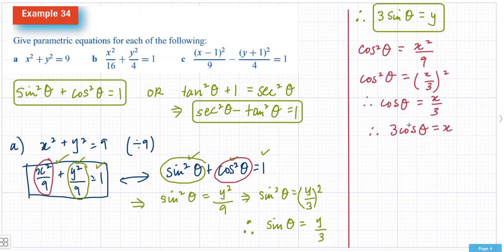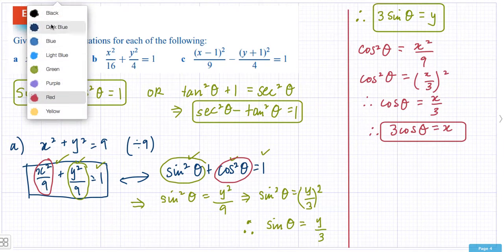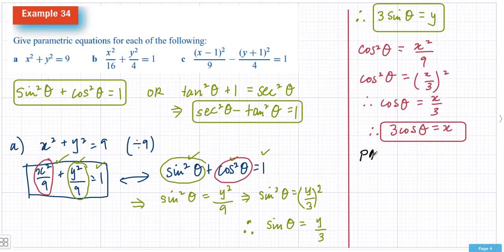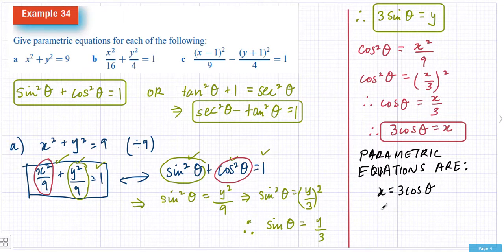Now the two things that I've got there in boxes contribute to my parametric equation. So what I can say at the end here is my parametric equations are x equals 3 cos theta and y equals 3 sine theta.